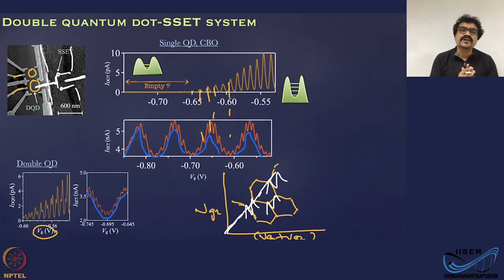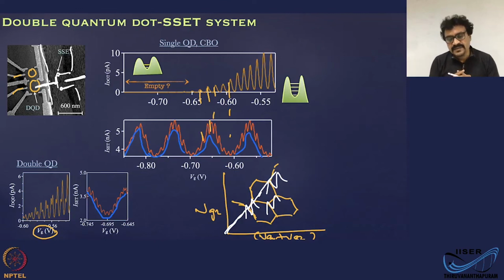But what you are doing here is using the strong nonlinearity of the Coulomb blockade oscillation to sense the charge fluctuation in the nearby device, okay. And I just want to mention here that these single electron transistors are a lot more sensitive compared to the quantum point contact transistors that we have discussed in the previous lecture.